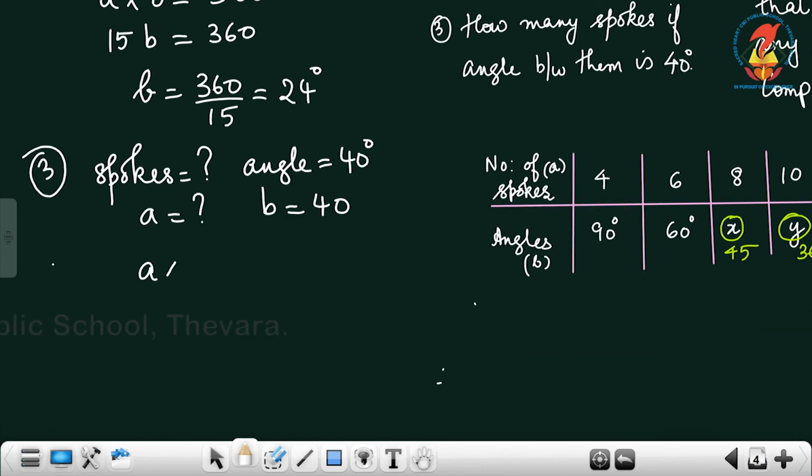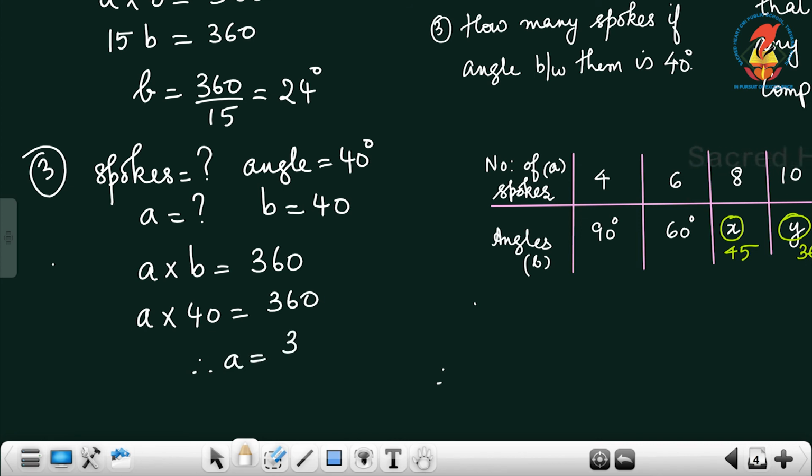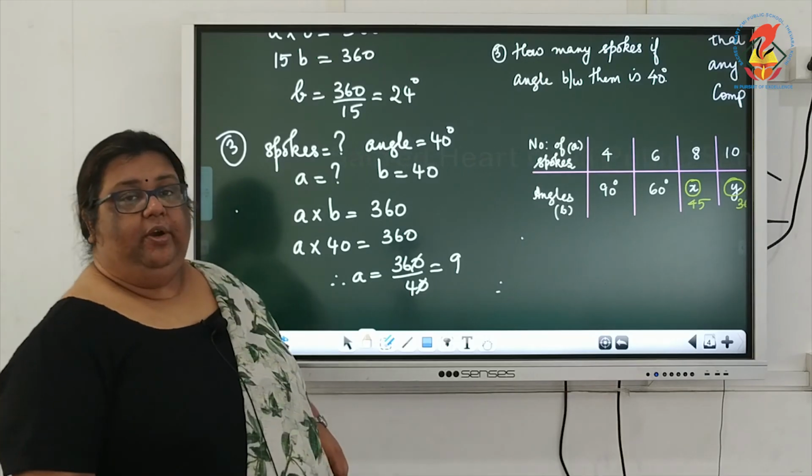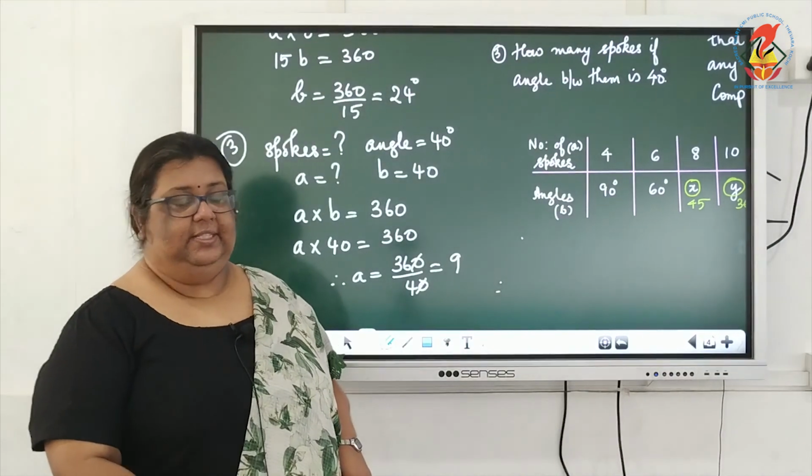When we multiply A into B for this particular problem, what was the constant value? 360. A we don't know, B is 40, equals 360. Therefore, A equals 360 by 40, which is equal to 9. So, when will the angle be 40 degrees? When you have 9 spokes.